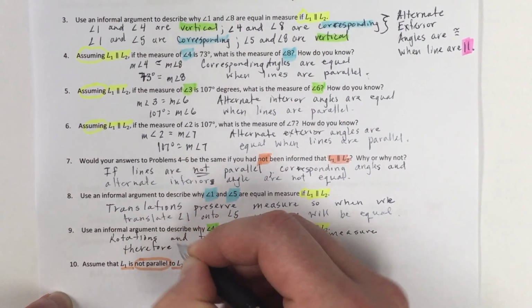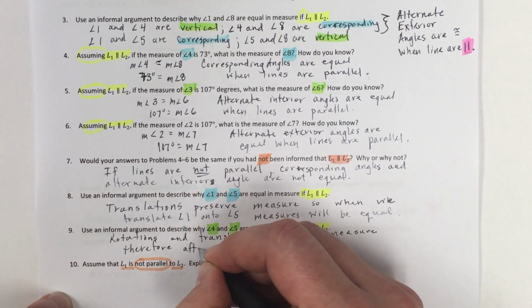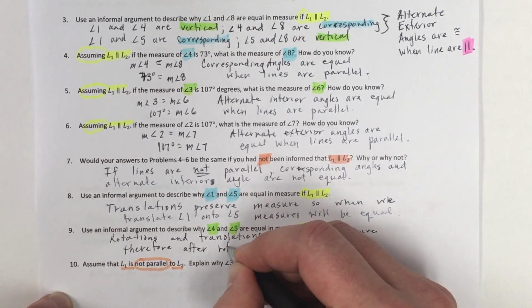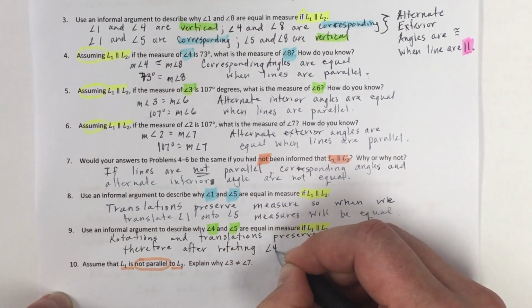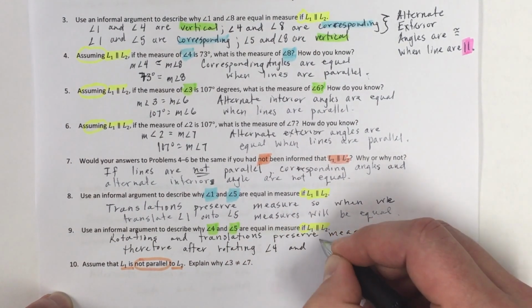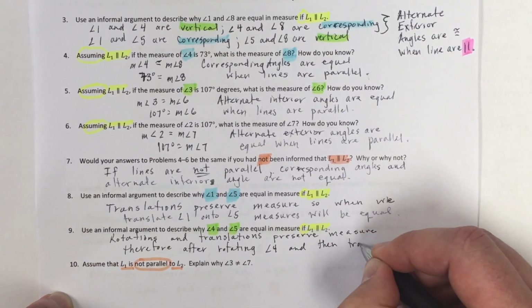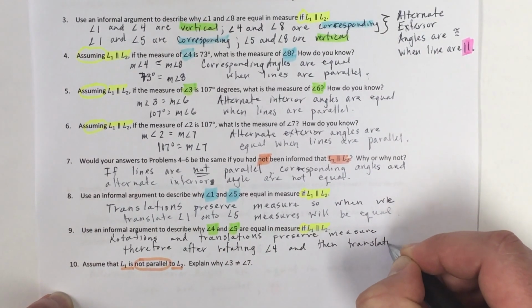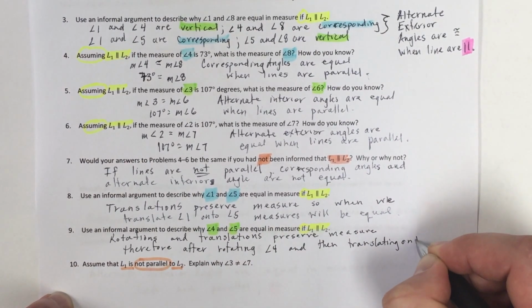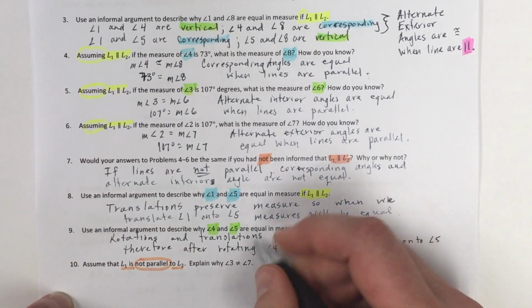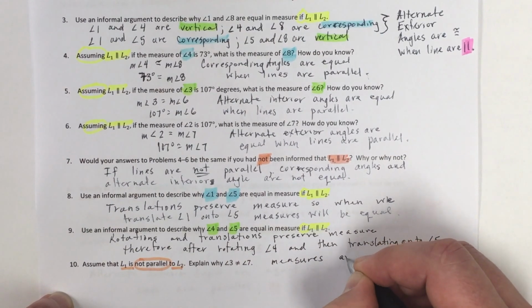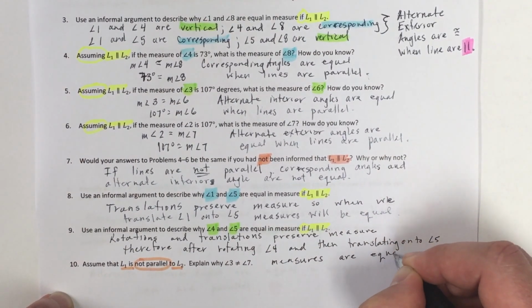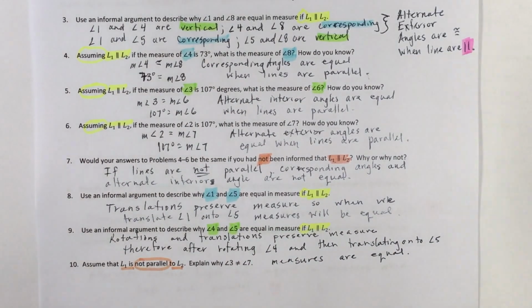Therefore, after rotating angle 4 and then translating onto angle 5, measures are equal. So again, this only works if you have parallel lines.